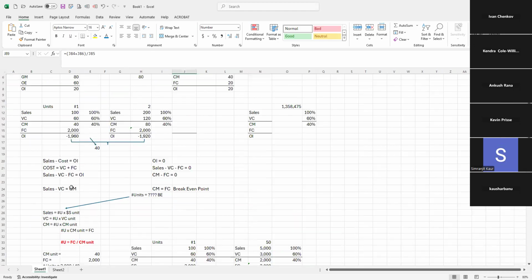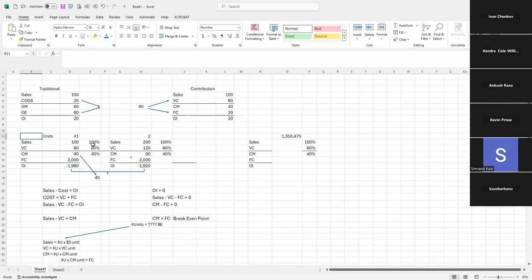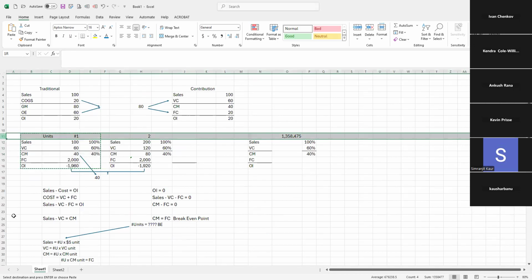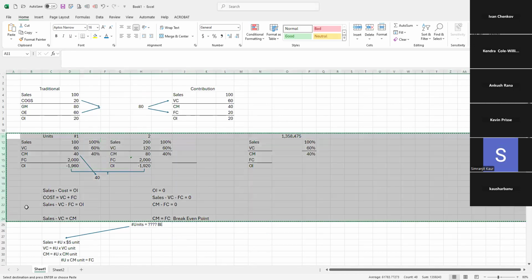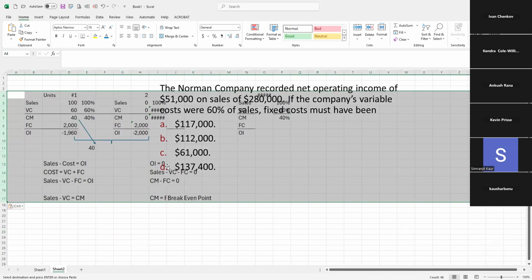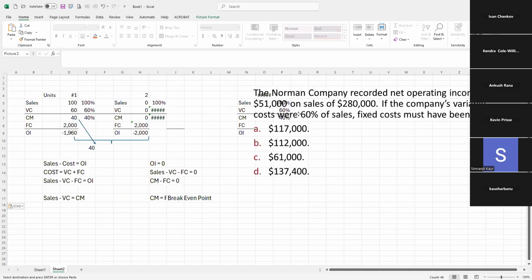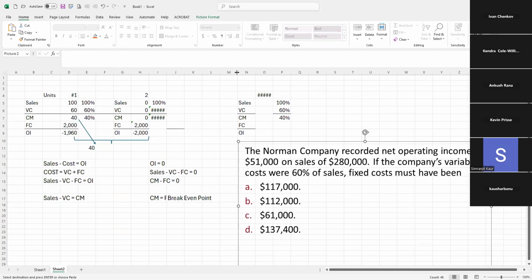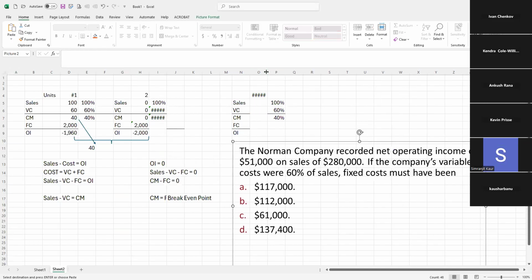And this is the formula and everything that we need. So I can move the question right here. The question is what we know and what we don't know. That's where we are.